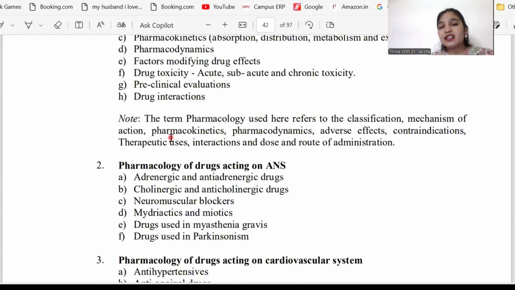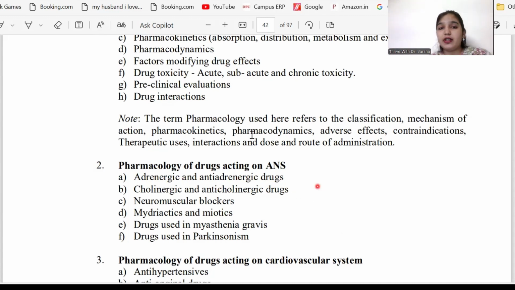So whenever they say pharmacology for each and every drug, take adrenergic and anti-adrenergic drugs. Under them you will have a huge classification of drugs. What are the drugs included in adrenergic drugs? You will have a classification, and under each classification you will have many kinds of drugs.